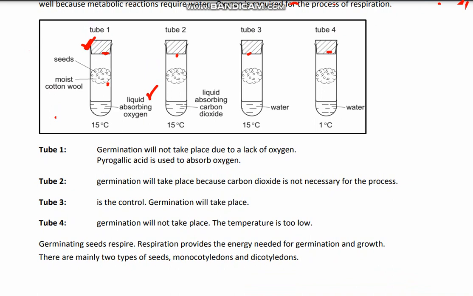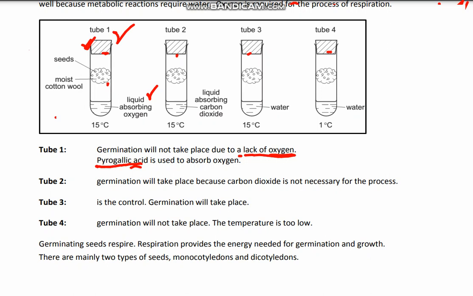The name of the liquid is pyrogallic acid, and that pyrogallic acid is causing lack of oxygen in test tube 1, which causes the seeds in test tube 1 not to germinate. So let's see test tube 2, if maybe we are going to find seeds that will germinate.